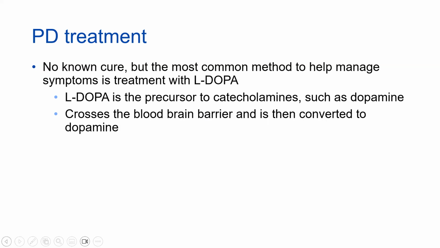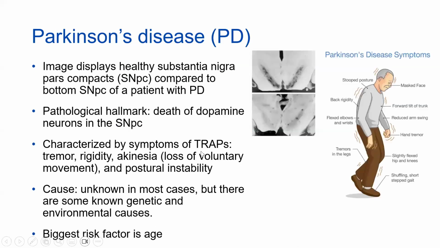So I know I said a lot there. I actually study Parkinson's disease, so I maybe gave you quite a bit of information here just because it's my main interest. But just to help summarize what you should know, the pathological hallmark of Parkinson's disease is death of dopamine neurons. If you see the substantia nigra, be able to identify healthy from diseased brain. You have symptoms of TRAPS.